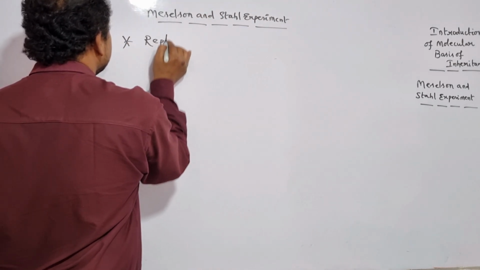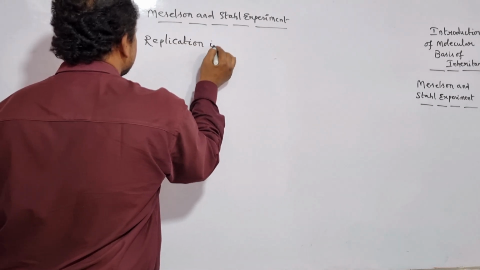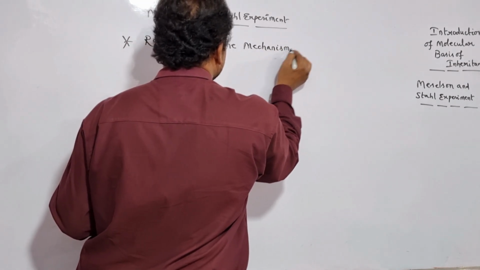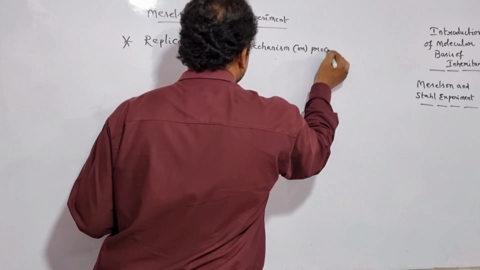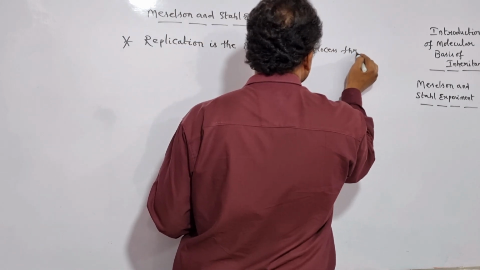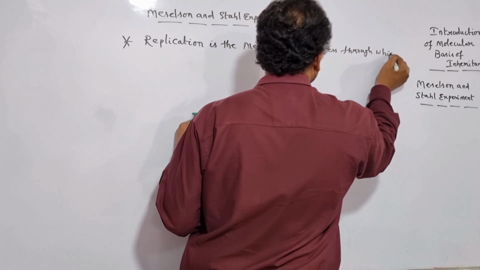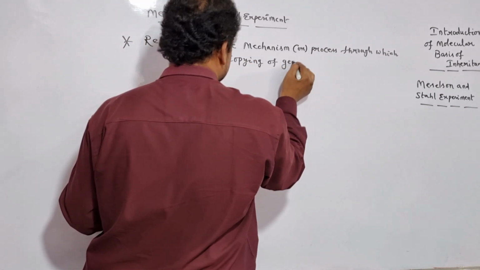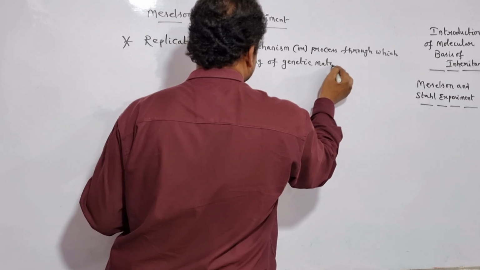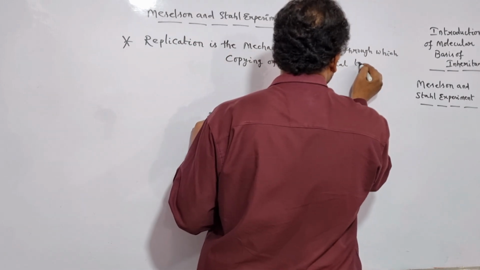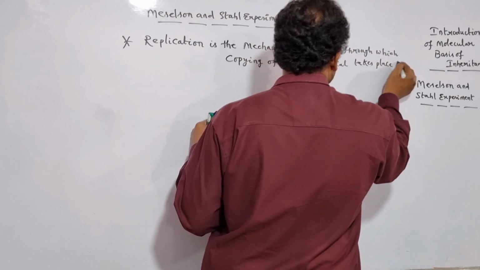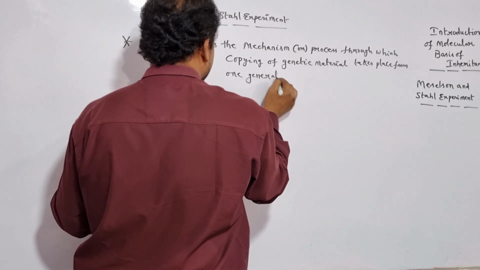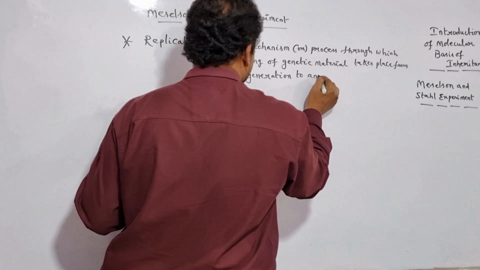Replication is the mechanism or process through which copying of genetic material takes place from one generation to another generation.